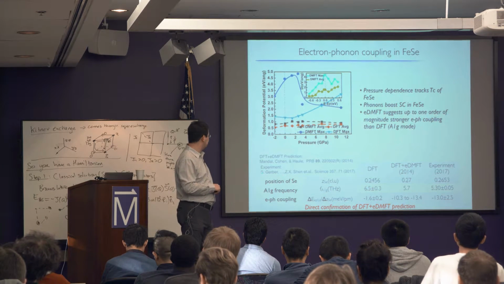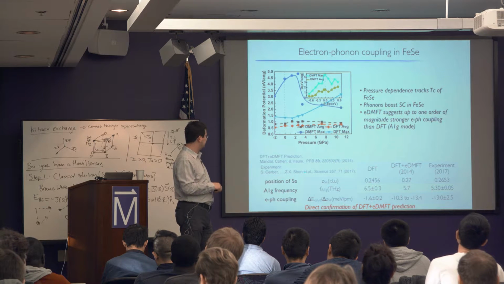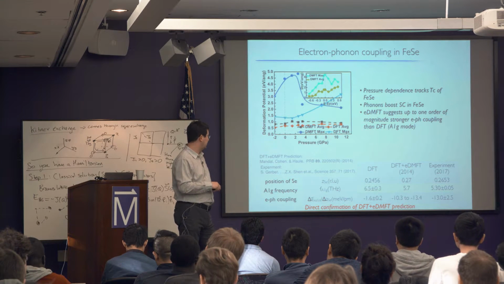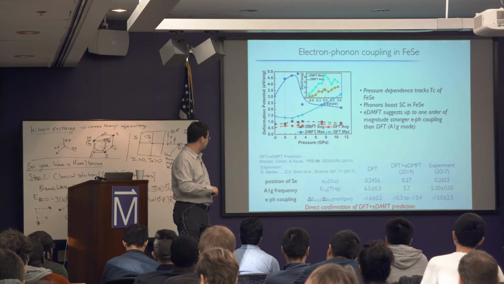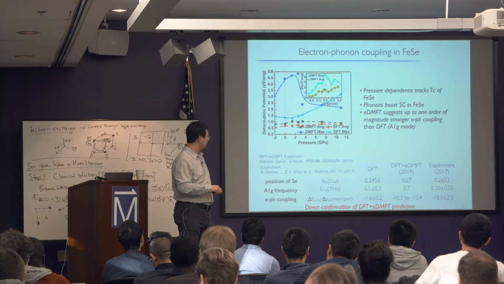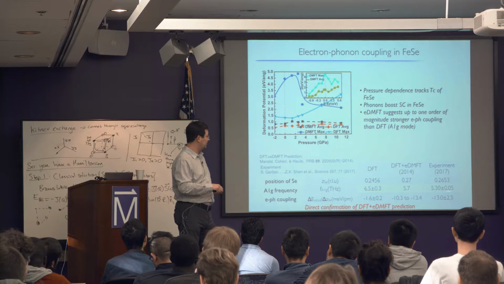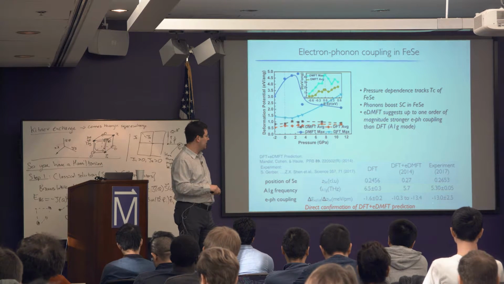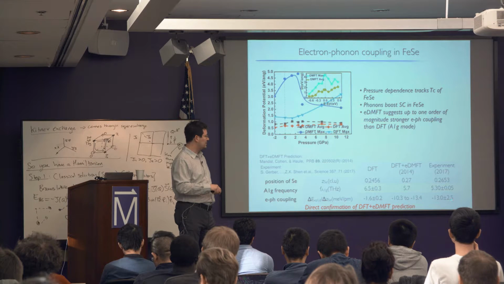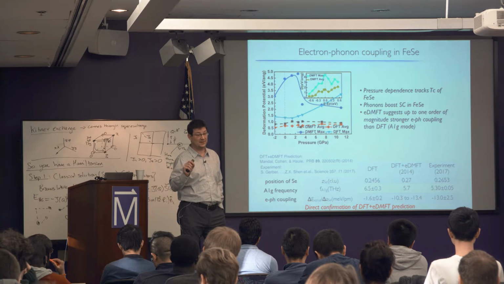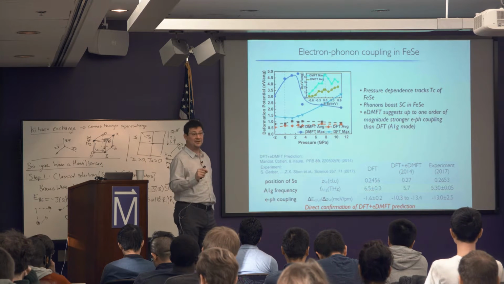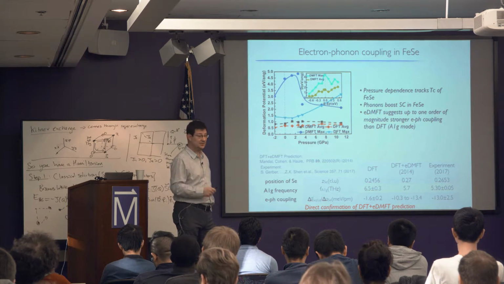Because this was actually measured very recently by Zhi-Xun Shen's group in Science 2017. What they saw is that the electron-phonon coupling in their experiment on iron selenium is actually -13 plus or minus 2.5. That's their estimation. This is a very, very complicated pioneering experiment. It's probably the first one, as far as I know, that measured electron-phonon coupling directly in any solid.